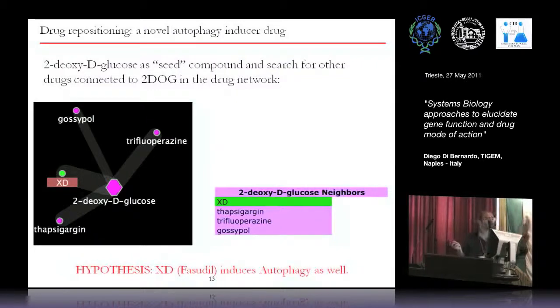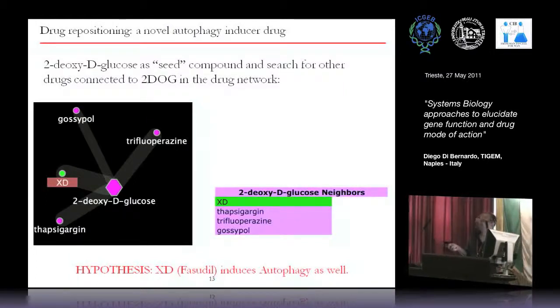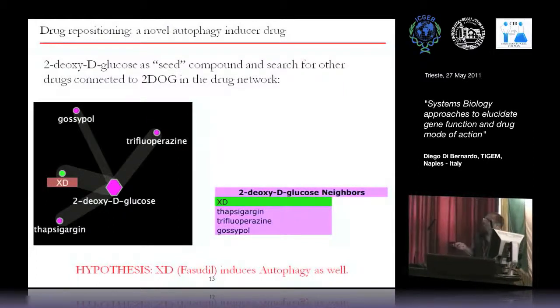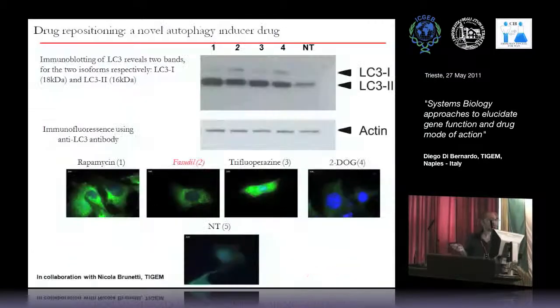These are the 4 closest drugs to deoxyglucose, and 3 are antipsychotics and so on, but they were known to increase autophagy, and one that is called Fasudil, which is used in Japan for over 20 years as a vasodilator. We predicted that Fasudil could enhance autophagy.